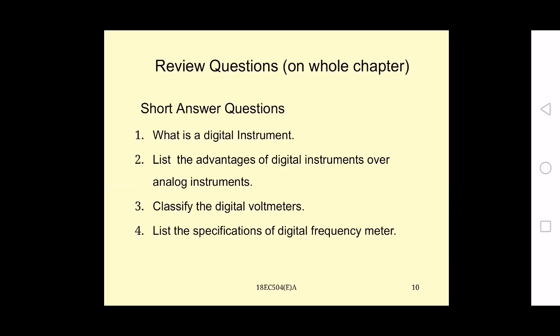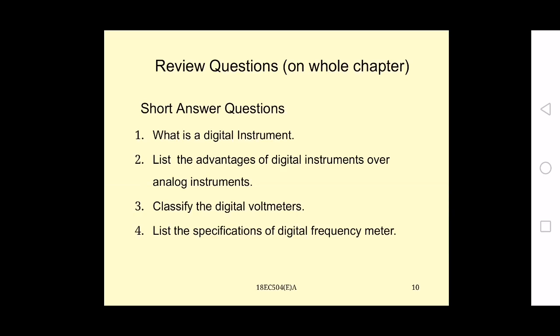In the first case of ramp type DVMs, we have discussed the advantages, disadvantages, and the principle of working. We have taken the negative ramp type, and the measured quantity is first compared with this negative going ramp. Whenever the coincidence occurs, the input comparator will start the start pulse.